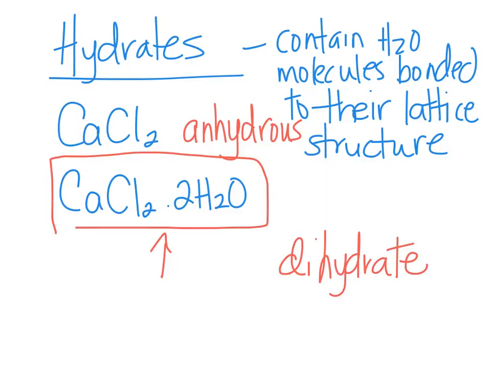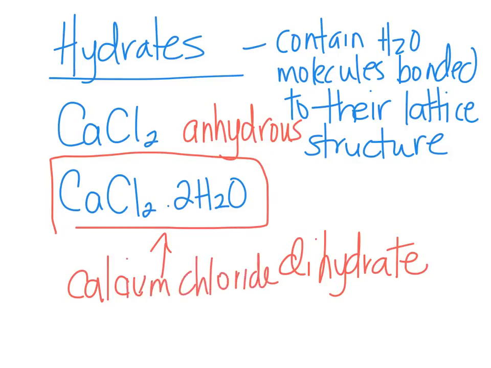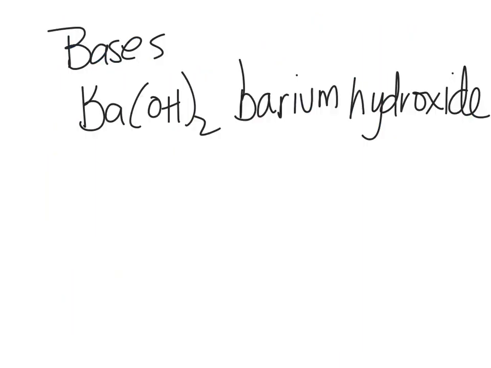Pentahydrate. So the name of this compound is calcium chloride dihydrate. What would be the name of MgSO4 dot 7H2O? Magnesium sulfate heptahydrate. Yeah. And I talked longer than 5 minutes.